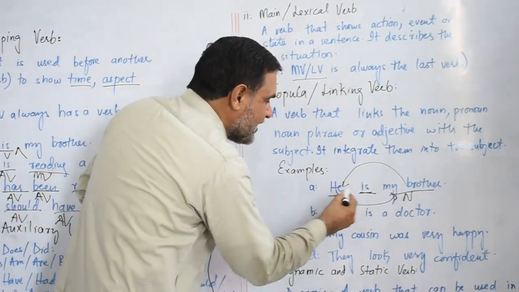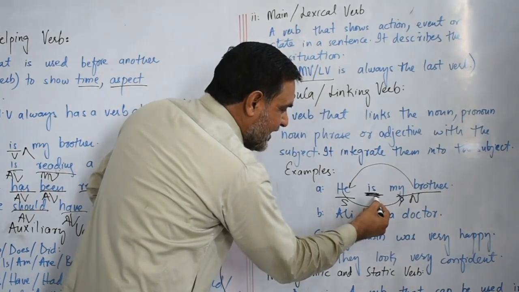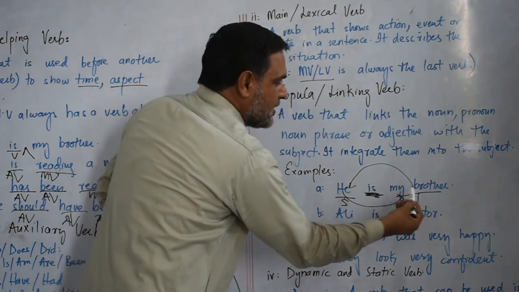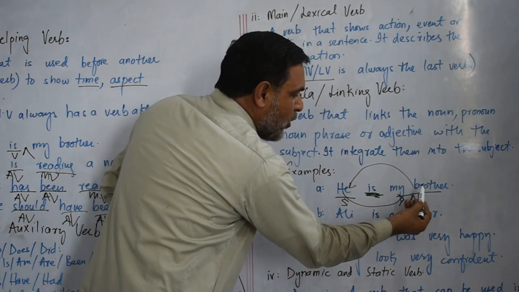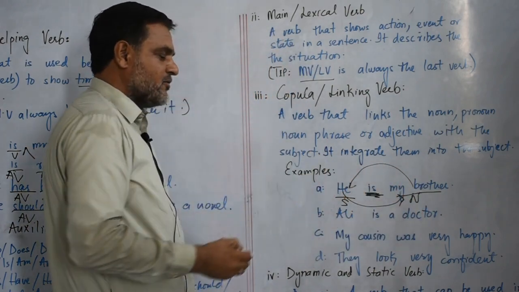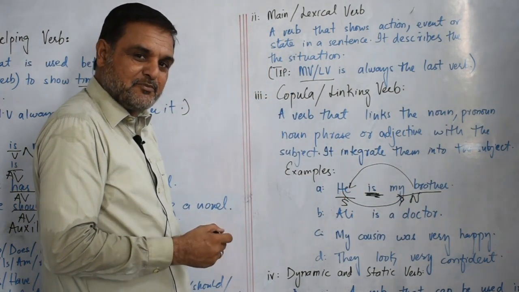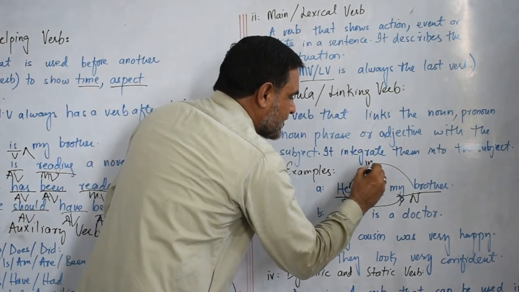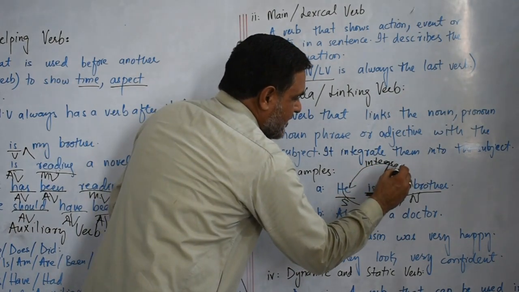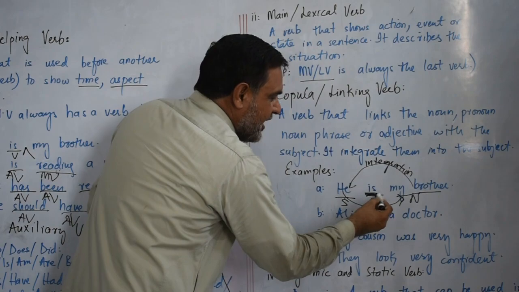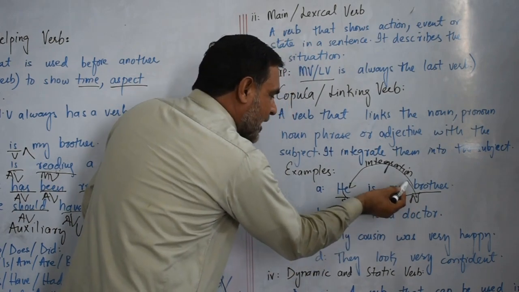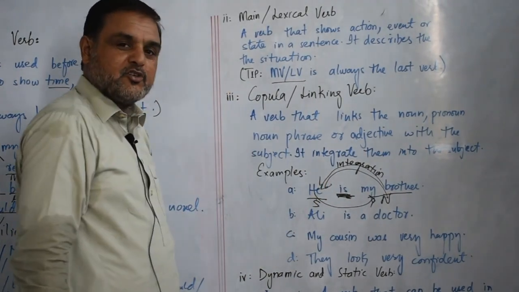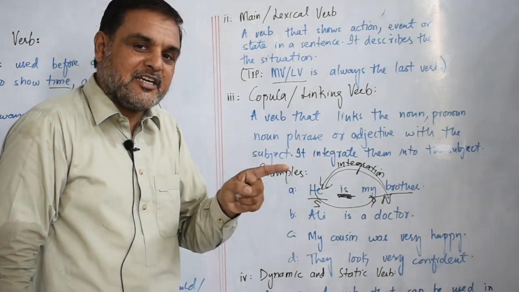So basically this verb is linking the subject with the noun that comes after it. So see, this is called integration. This verb integrates the noun that comes after it with the subject. This is something that you need to keep in mind, remember.